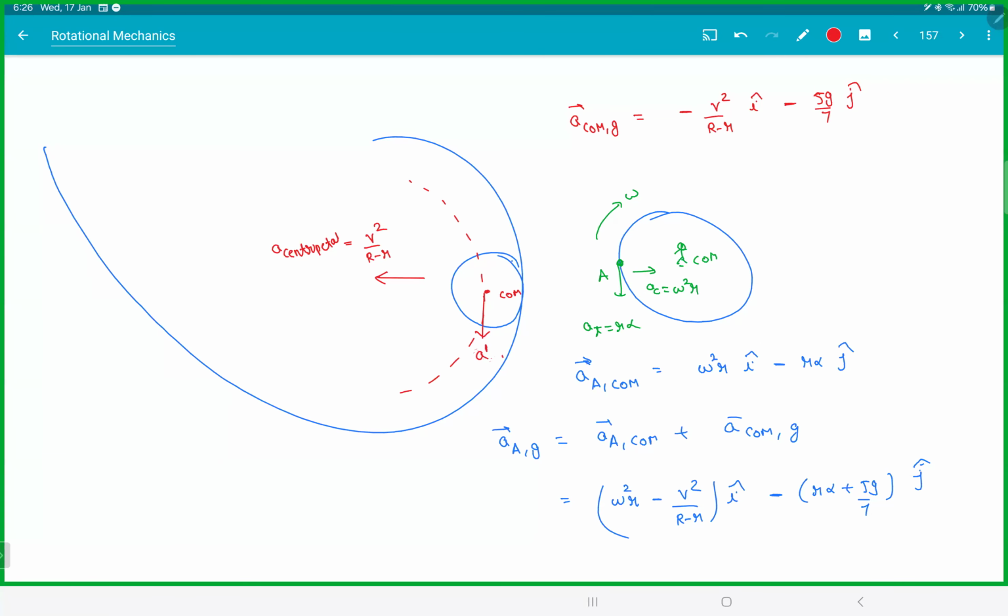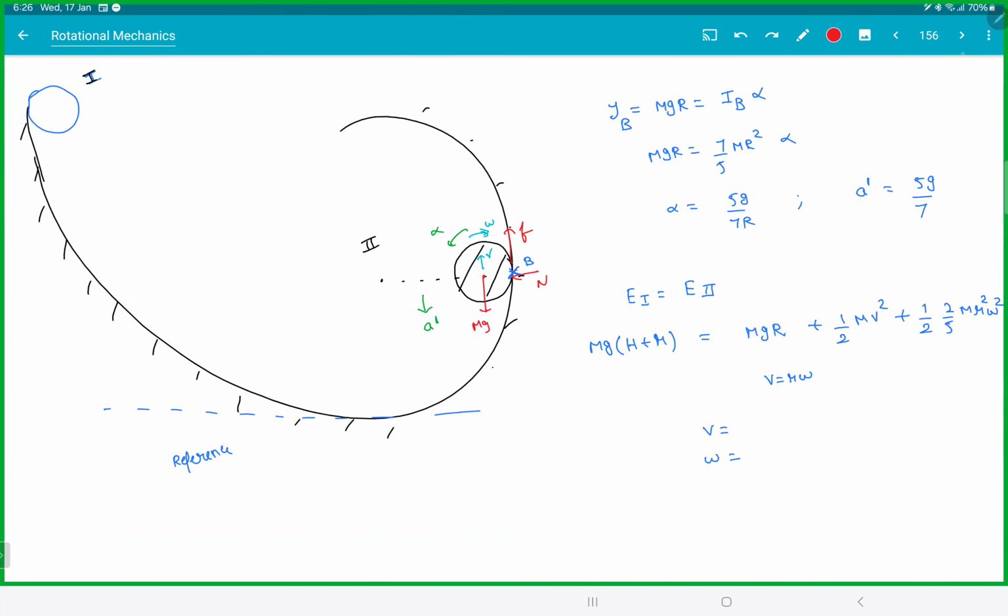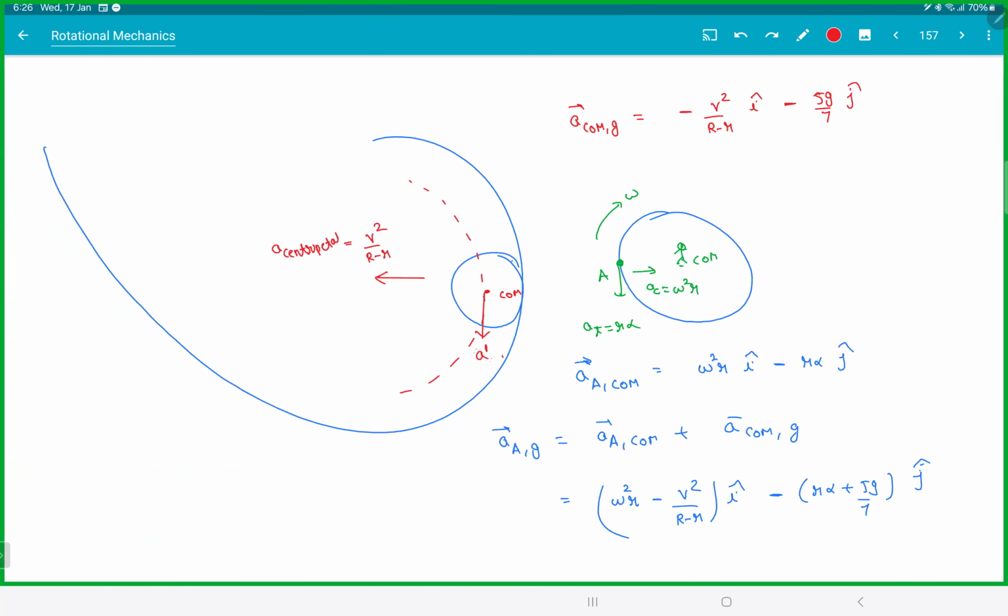Basically that's the tangential acceleration of center of mass. This is the centripetal acceleration of center of mass. The resultant is the acceleration of center of mass. Okay. Check. Next one.